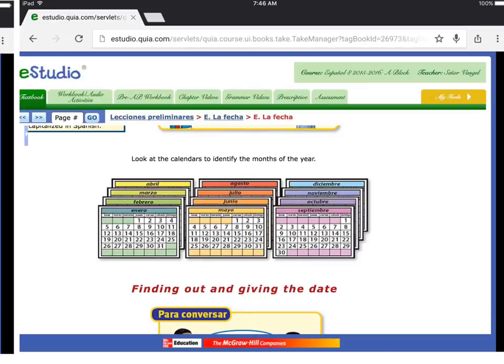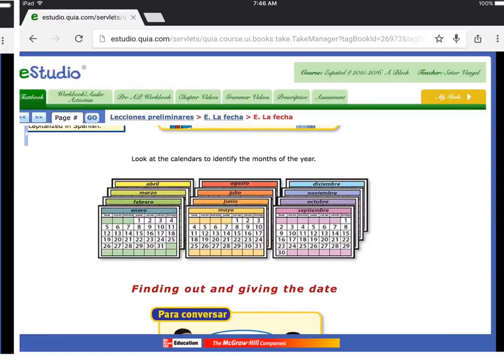Okay, and continuing to scroll down, we have the months, or los meses. This is super important for you guys to remember: they look and sound vaguely like the months in English, but the spelling is slightly off. And it's very, very important that you don't just be lazy and improvise your way through.